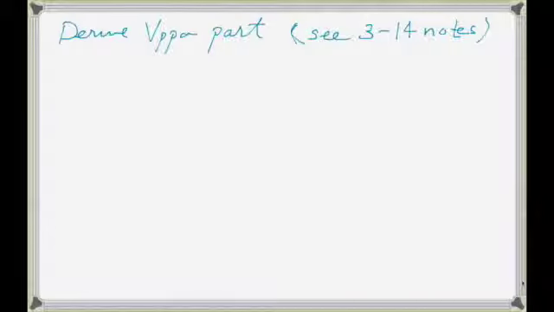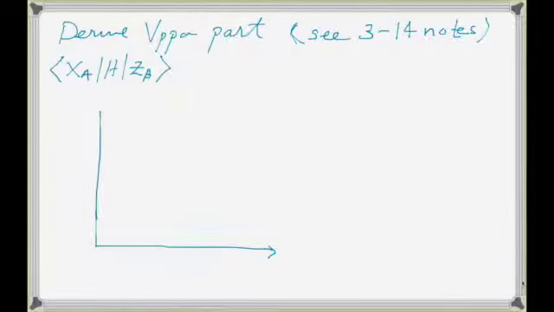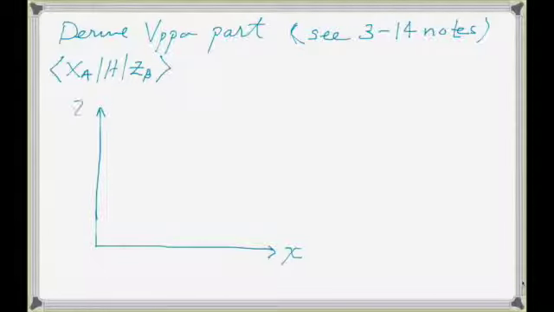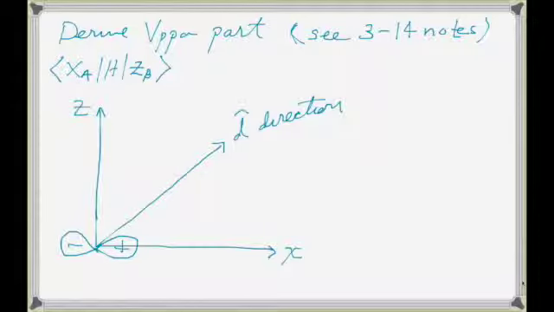Okay, so I'm going to derive this matrix element, X on the A atom and Z on the B atom. And so if I draw that, this is X, here's Z. I've got my X orbital down here, and along my D hat direction here, I've got a Z orbital.